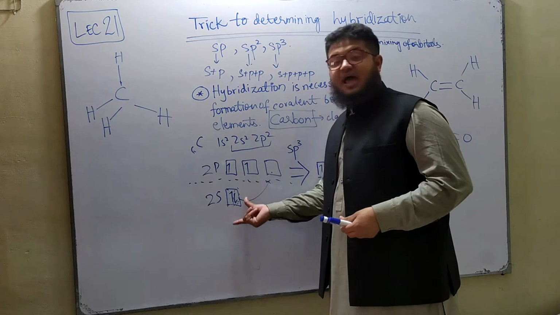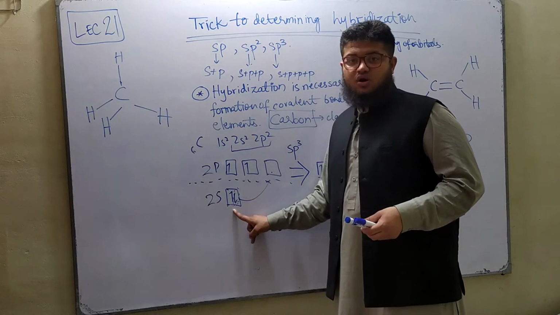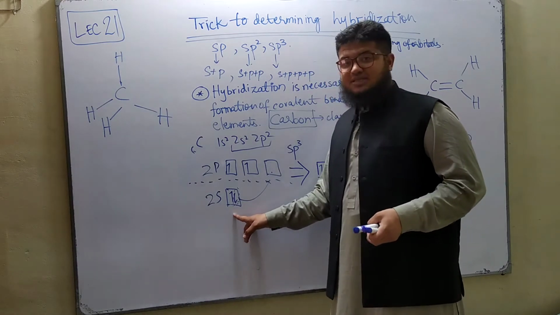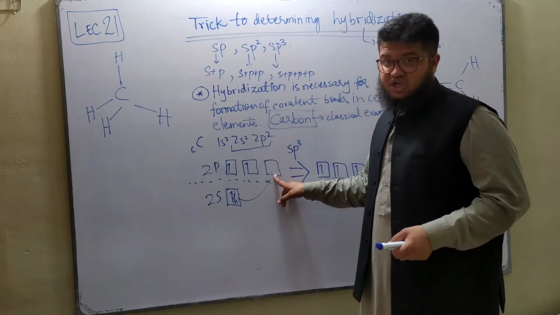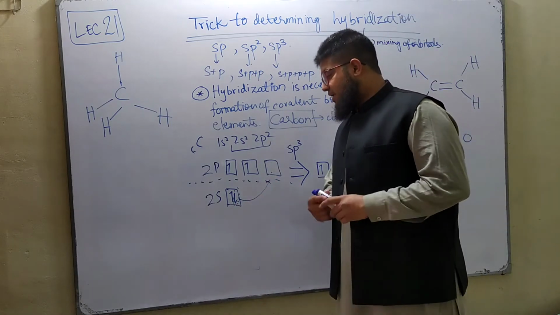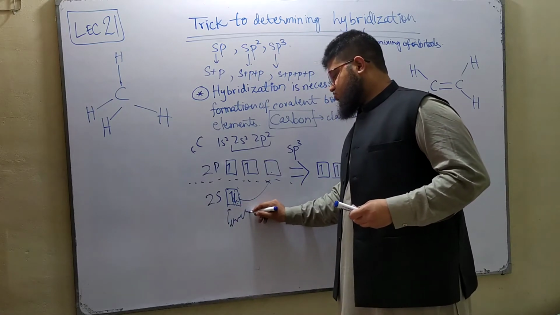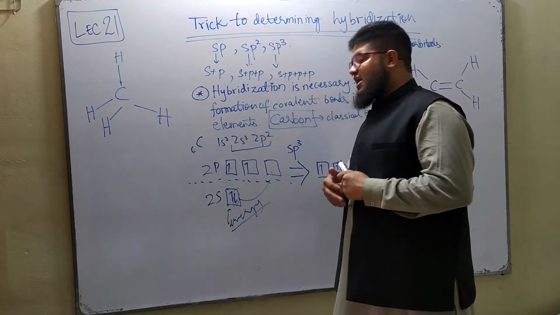For mixing we'll have to give a certain amount of energy to the electron in the lower orbital. Once we provide some external energy to the electron in the 2s orbital, it will be excited to a higher energy level.